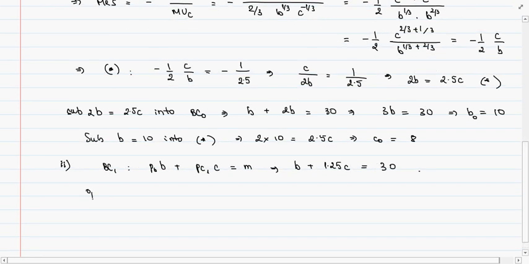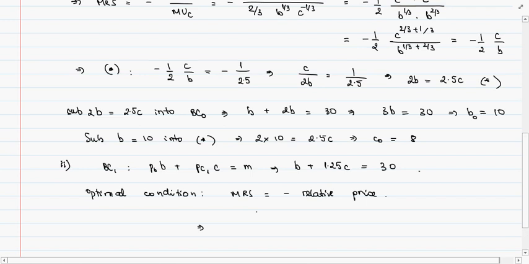Now the optimal condition, again, it's just the marginal rate of substitution equal to the relative price. Now please note that the marginal rate of substitution remains the same because it doesn't have anything to do with the price.